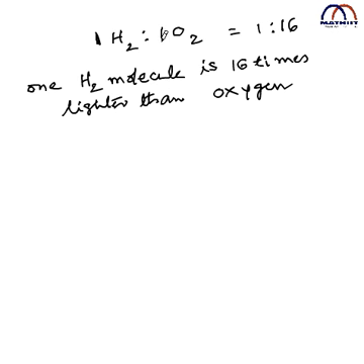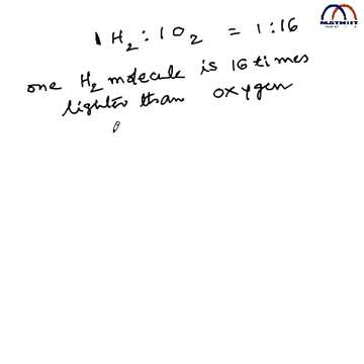Now both of them contain the same number of atoms in them. It is a diatomic molecule. It is also a diatomic molecule. By using Avogadro's hypothesis, we can determine even the atomicity of the molecules. Both of them contain the same number of atoms there.